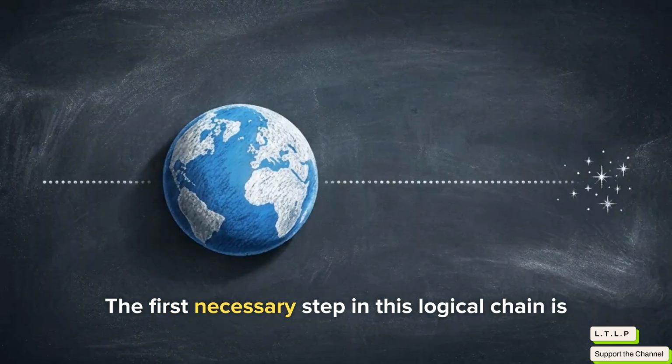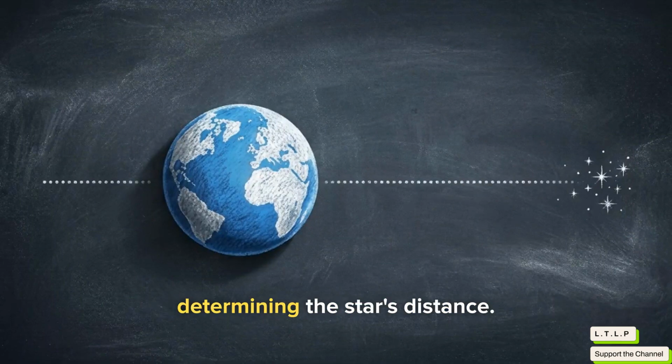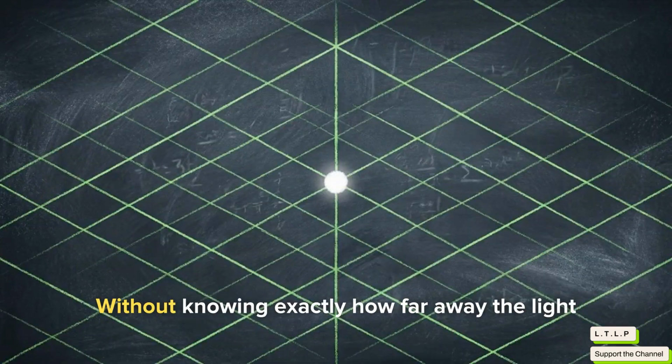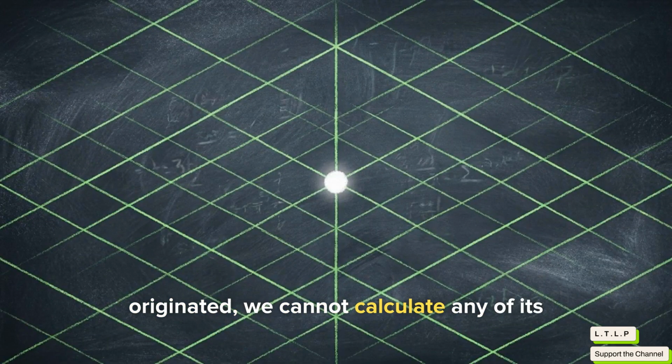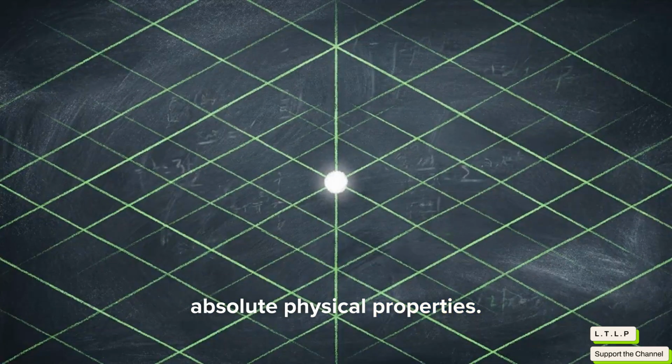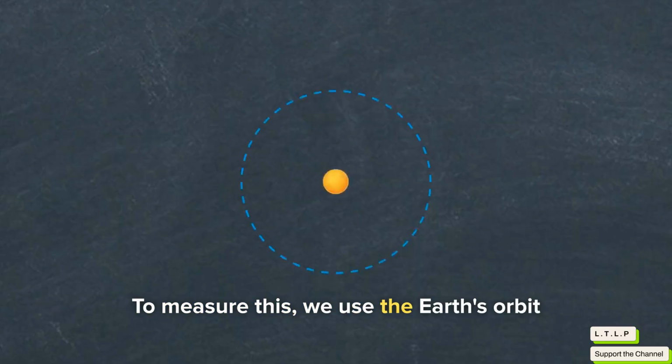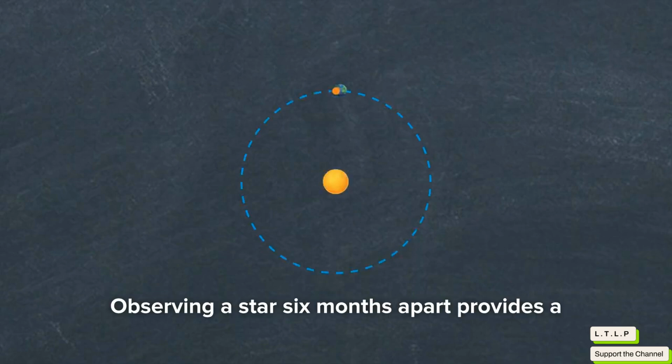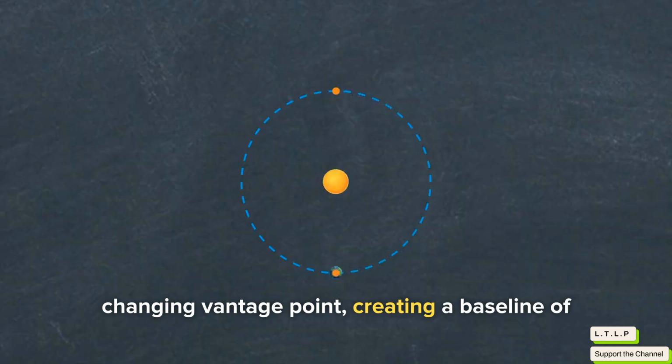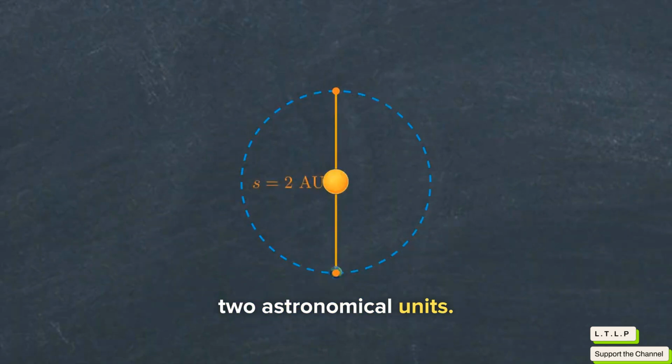The first necessary step in this logical chain is determining the star's distance. Without knowing exactly how far away the light originated, we cannot calculate any of its absolute physical properties. To measure this, we use the Earth's orbit around the Sun. Observing a star 6 months apart provides a changing vantage point, creating a baseline of 2 astronomical units.